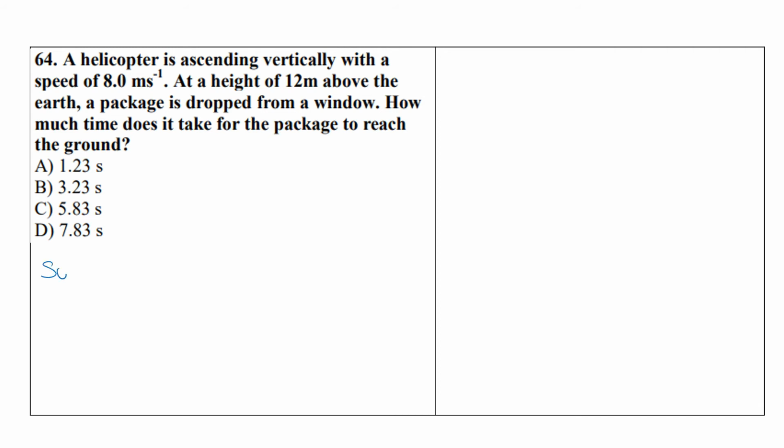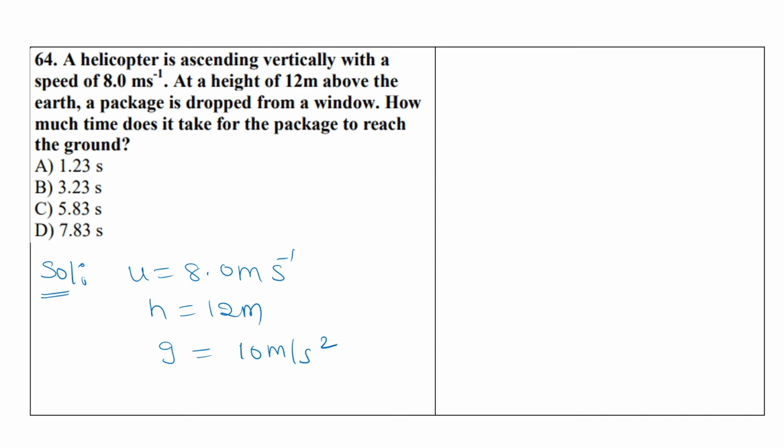Here, the given speed u is equal to 8 meters per second and the height is given as 12 meters and g is equal to 10 meters per second square.